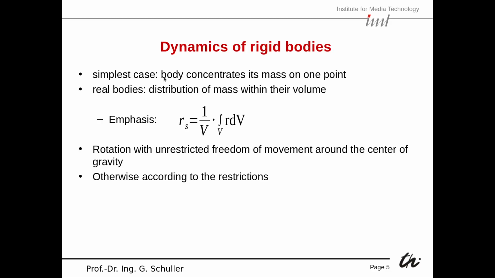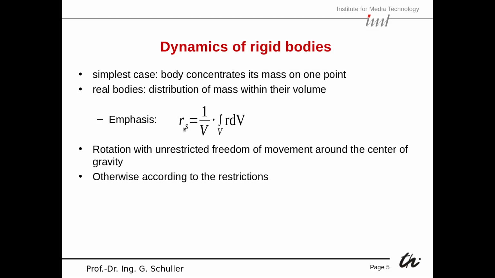Yeah, so the simplest case is that the body concentrates its mass on just one point. Right? It's not distributed, we just have a point mass. In real bodies, however, we have a distribution of the mass within their volume. So here we would have the volume, and then r is the distance from some center point.